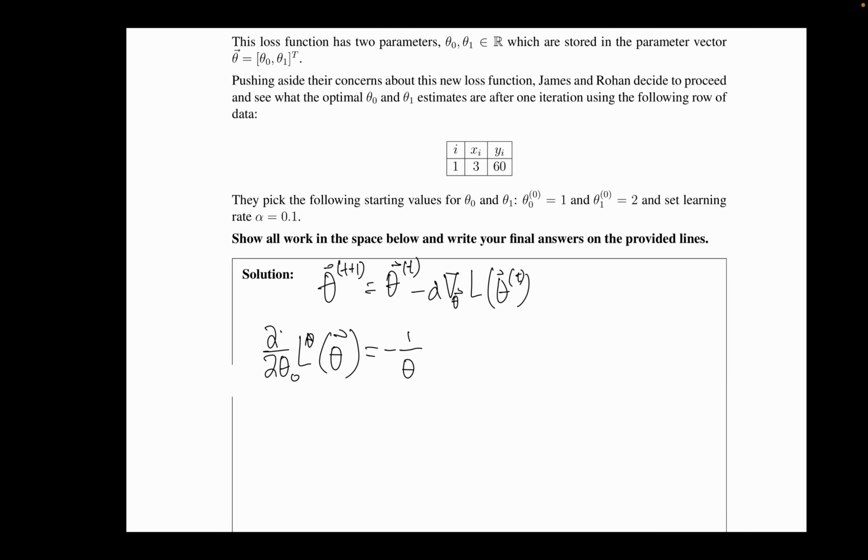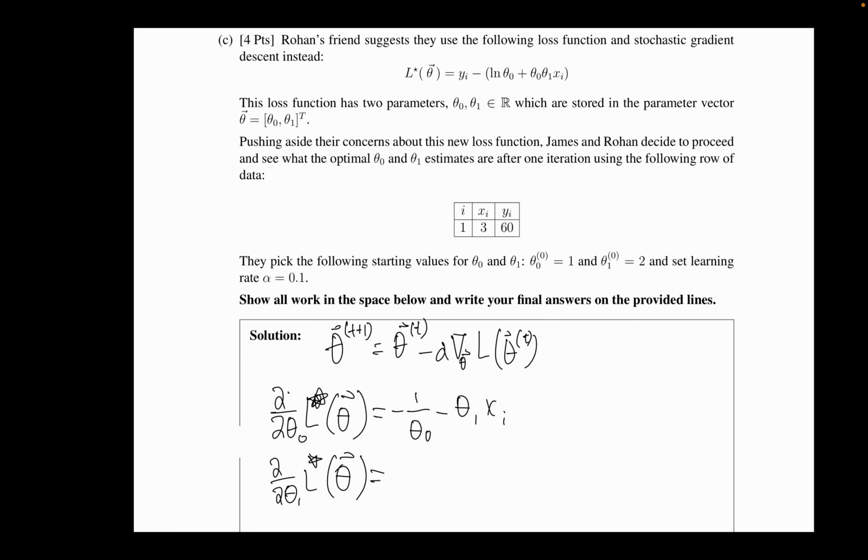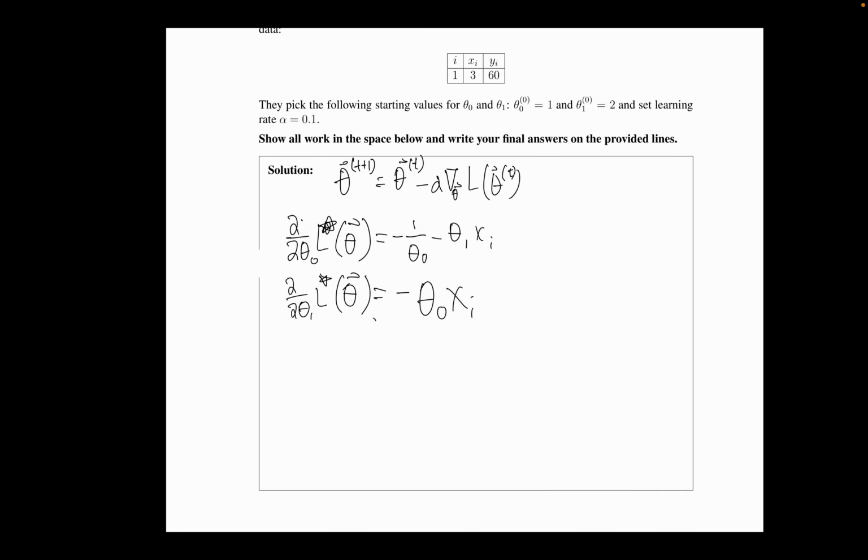And with respect to theta 1, this should be a star, by the way, it looks like a theta. Negative, because it's negative, is theta 0 xi. So let's plug that in. So now that we have this, we just plug this into here for theta 0, and then plug this into here for theta 1.